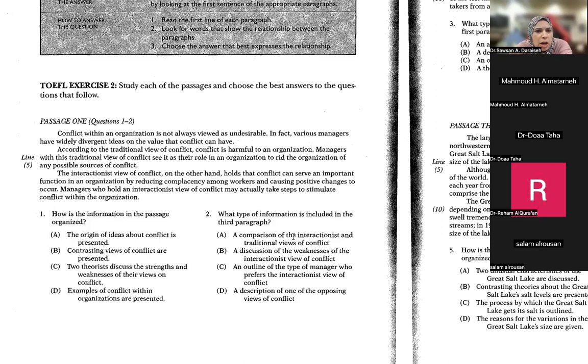Let's see. Conflict. Okay. Dr. Mahmoud, what does conflict mean? I don't know. Conflict. Is there a conflict in Gaza? Conflict means disagreement.